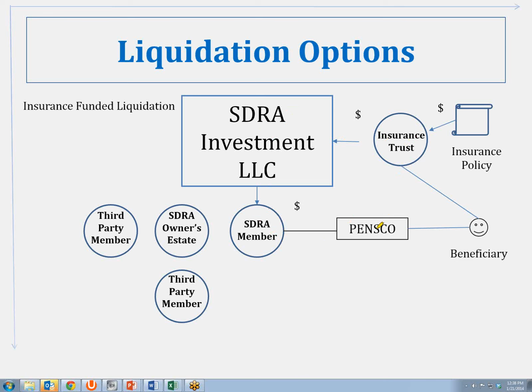And then they end up with the cash in the IRA, and we can designate the trust as the beneficiary of the IRA instead of the individual. So the individual ends up getting the best of both worlds. We have the insurance, we have the trust itself for the benefit of the beneficiary as the beneficiary of the IRA, and we also have the LLC interests owned by the trust itself. And so that's not a bad solution.